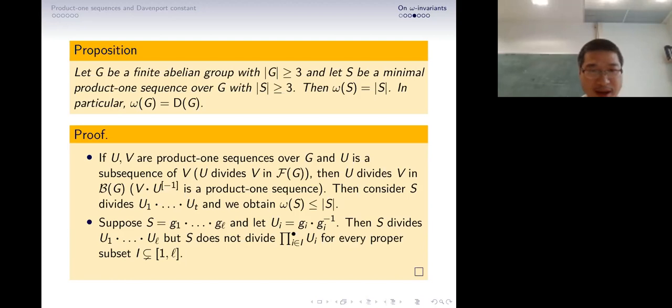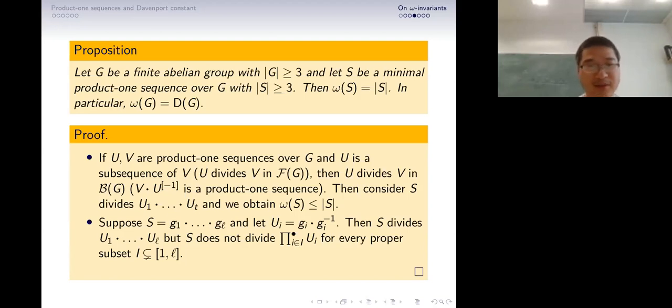If U and V are both product one sequences over G, and U is a subsequence of V, which means U divides V in F(G), then, since G is an abelian group, the set of products has only one element. Since the order of the product doesn't influence the product, U also divides V in B(G), which means that the remaining sequence, when we take U out from V, is a product one sequence.